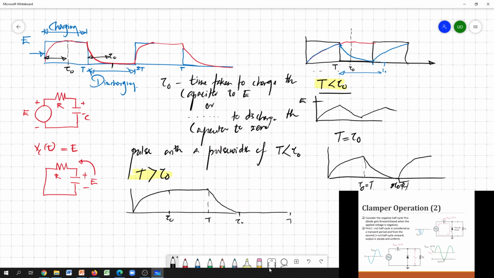So likewise, this is the perfect situation. So this is T less than tau naught, this is T greater than tau naught. Okay. So from this we can have a conclusion. So what is that conclusion?